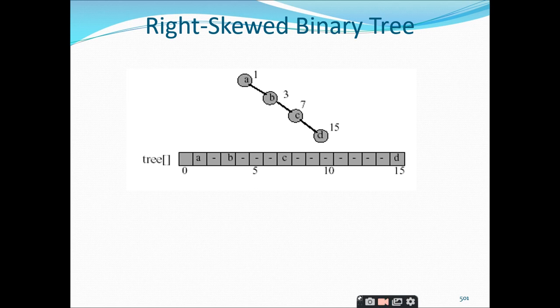If I want to represent this right skewed binary tree using arrays, I should give the node numbering. So A has node number 1, B has node number 3, C is 7 and D is 15, right? You can observe here.